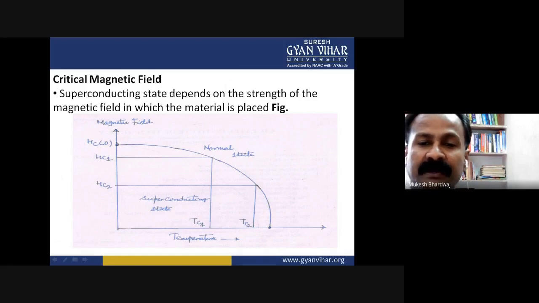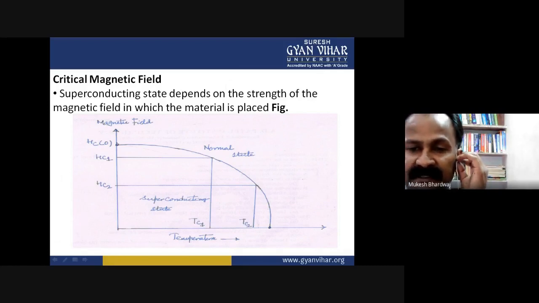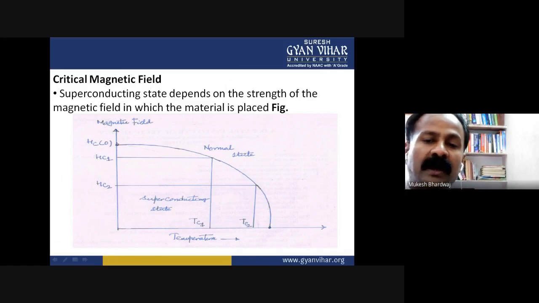In a long superconductor wire of radius r, superconductivity may be destroyed when a current I exceeds the critical value Ic, which at the surface of the wire will produce a critical field Hc given by Ic equals 2 pi r Hc, called Silsbee rule. So, Ic equals 2 pi r Hc is known as Silsbee rule.